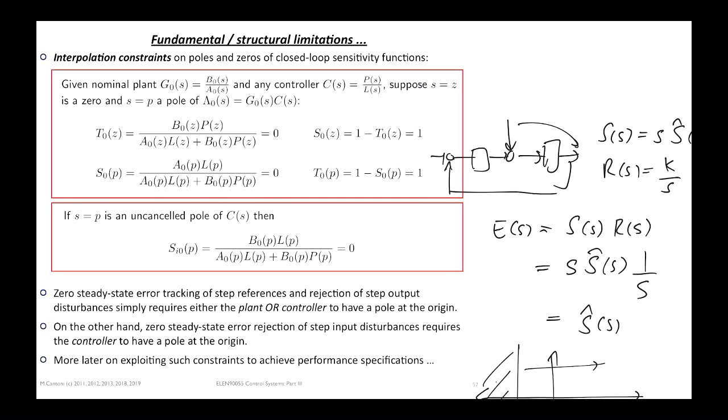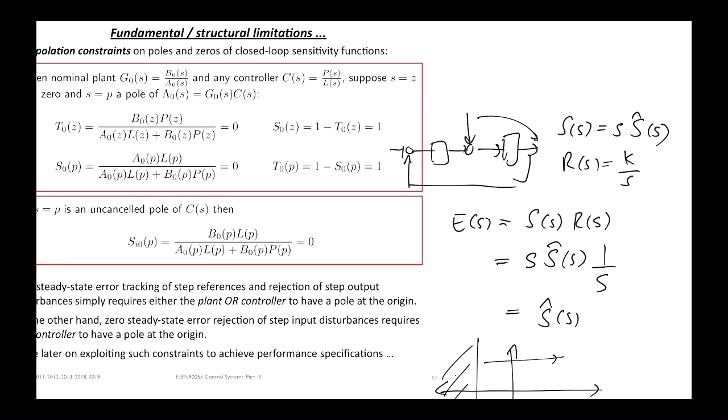By putting an open loop pole at s equals 0. So if we put an open loop pole at s equals 0, that forces the output sensitivity function to be 0 at 0. And if the output sensitivity function is 0 at 0, then it must have this form. It must be the product of s and another rational function, right?